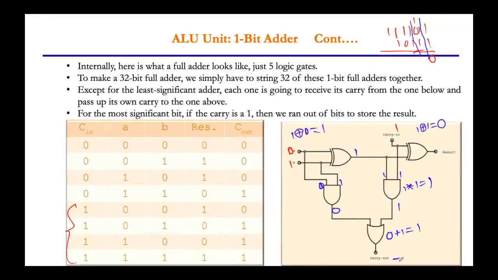So your carry out is 1. Your result is 0. So 1 plus 0 plus 1 is 2. So 0 will be here and carry out will be given as an input carry in. So here you can see carry out is 1.